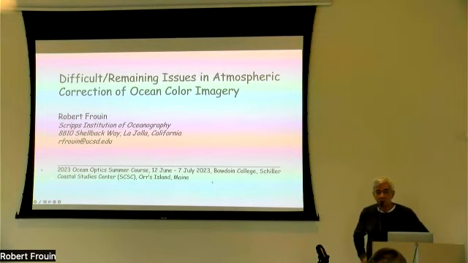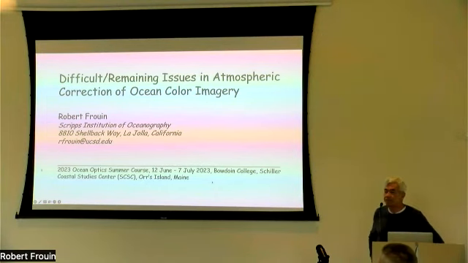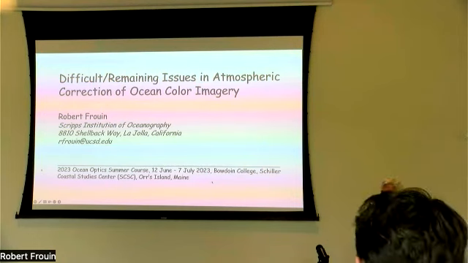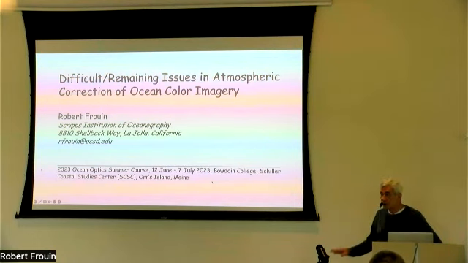So you heard Jeremy talk about atmospheric correction, and you heard that atmospheric correction is a very difficult problem. One, because the signal from the ocean that contributes to the total atmosphere signal is quite small, like 10% or less.